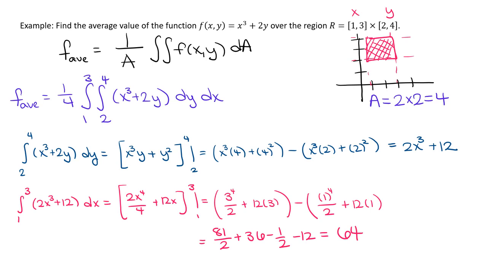I did a bunch of arithmetic and ended up getting 64. So the average value would be 1/4 times 64, or 16. That is the average value of this function over that rectangular region.